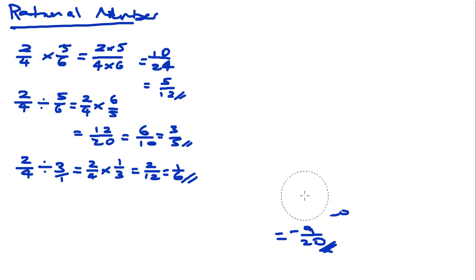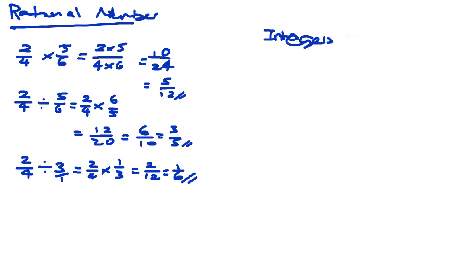For this last part of the video, we are going to look at something called real numbers. We have looked at integers, and integers are whole numbers, and they can be positive and they can be negative. And we have looked at rational numbers.